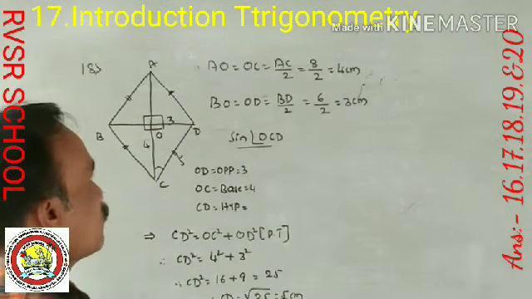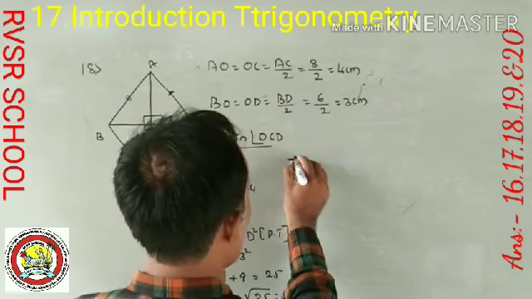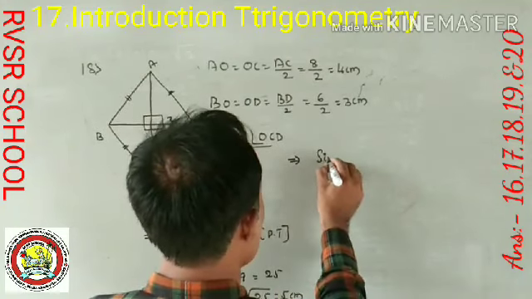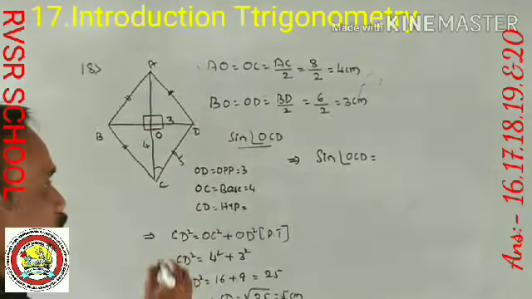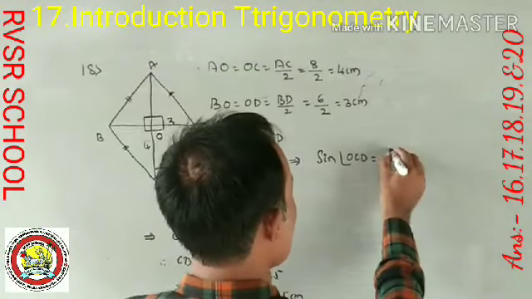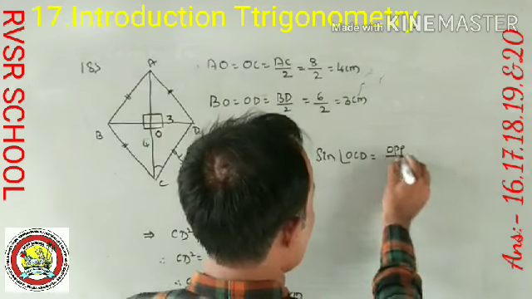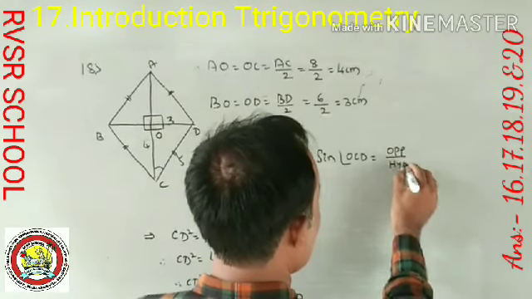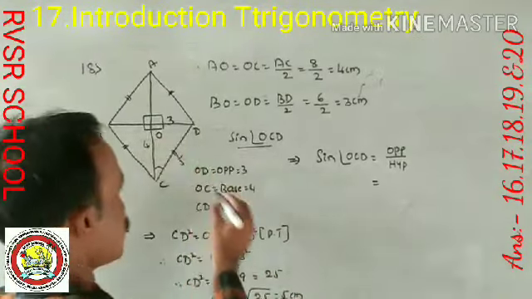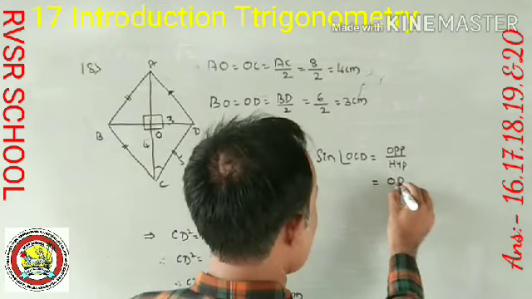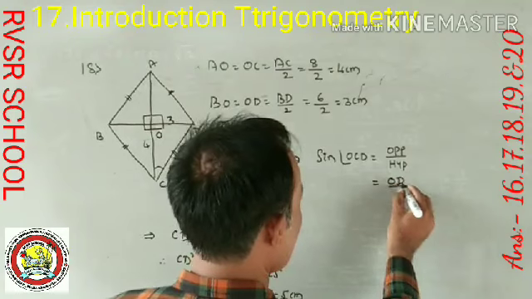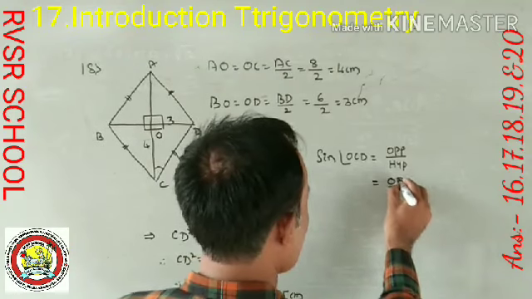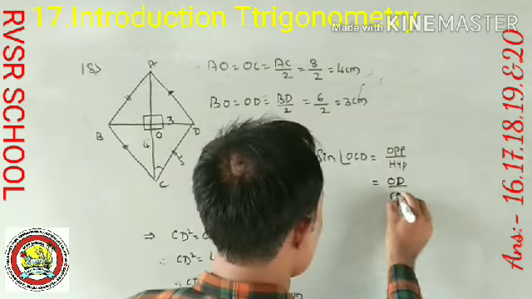Now you write, very simple, sine OCD. C is acute, I told you. If C is acute, first you write the ratio opposite divided by hypotenuse. As C is acute, OD is the opposite, and then the hypotenuse, so this is OD by CD.